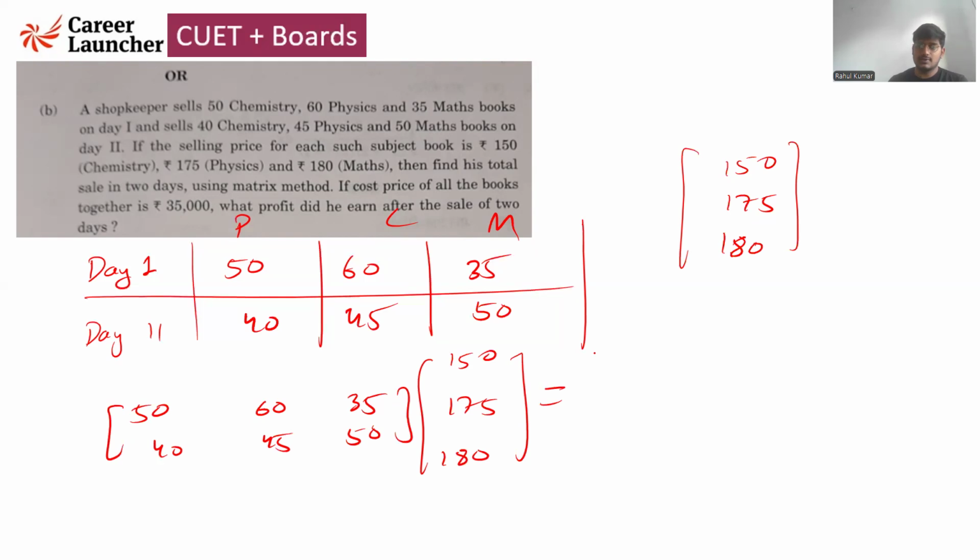Now you will get an answer. This is a 2 row 3 column matrix and this is a 3 row 1 column matrix, which means you will get a 2 row 1 column matrix.